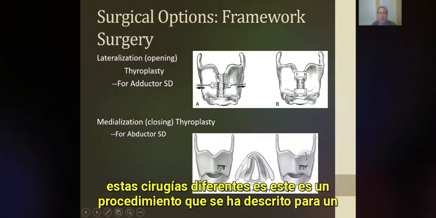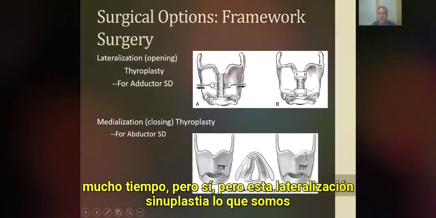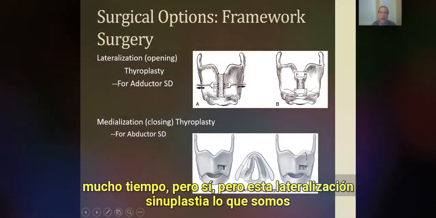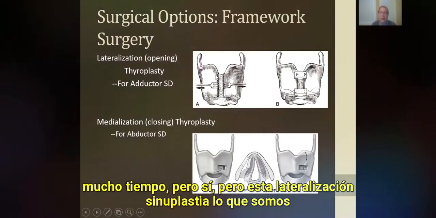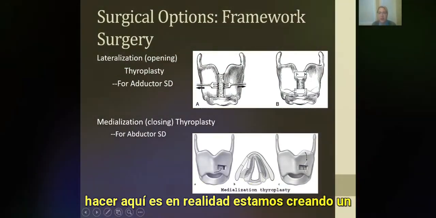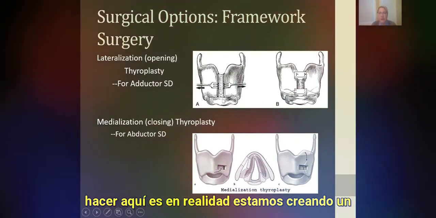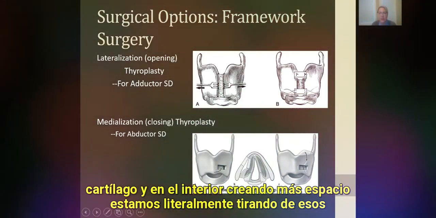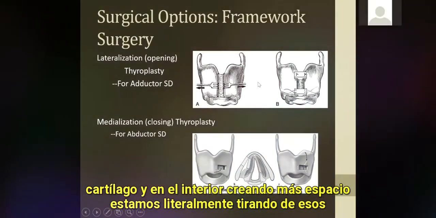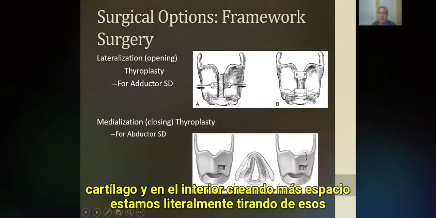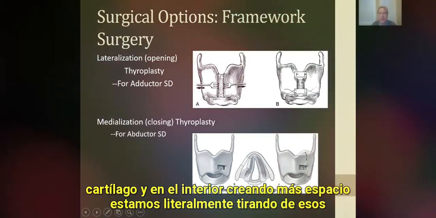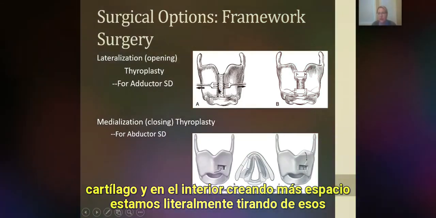This is a procedure that's been described for a very long time, but just really over the last 10 years, there's been more interest for it for adductor spasmodic dysphonia. But you'll see this lateralization thyroplasty. What we're doing here is we're actually creating a cut right down the middle of the laryngeal cartilage, and then we're going to pull these two sides apart and use titanium to plate the laryngeal cartilage so that on the inside, we're creating more space between those vocal cords.